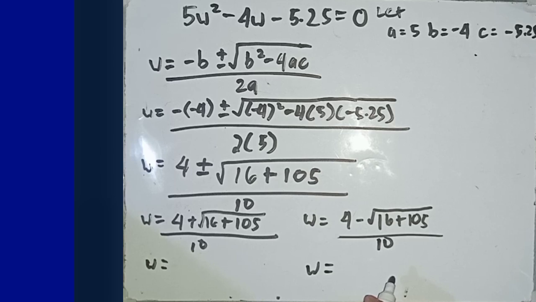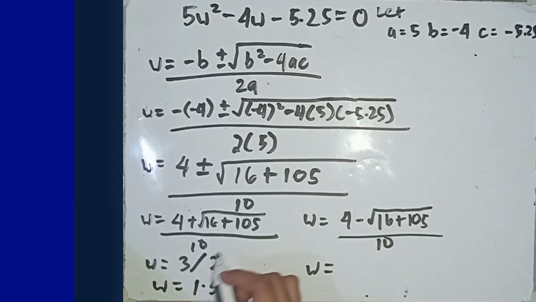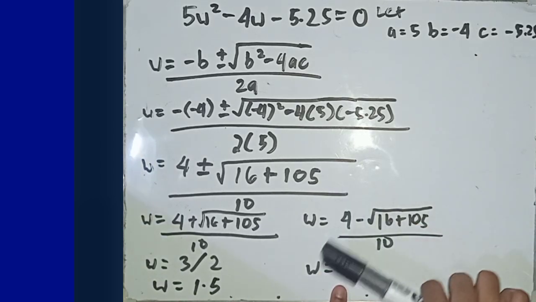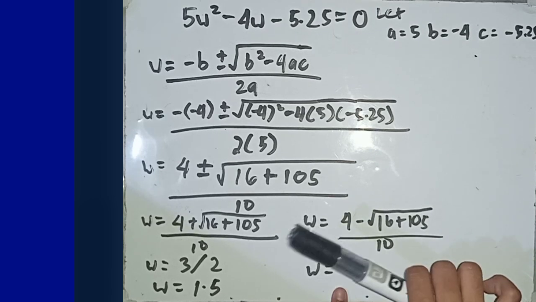Okay, so how much is that? Let's first do the addition. So 4 plus square root of 16 plus 105 all over 10, that would be 15 all over 10, and that is 1.5.